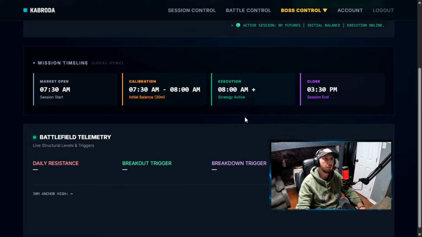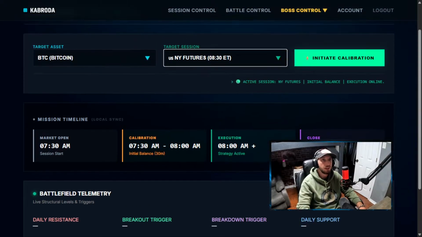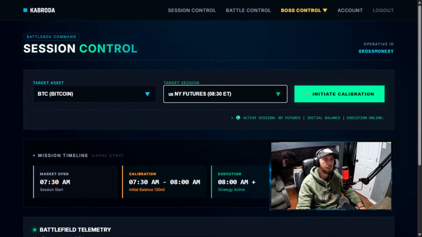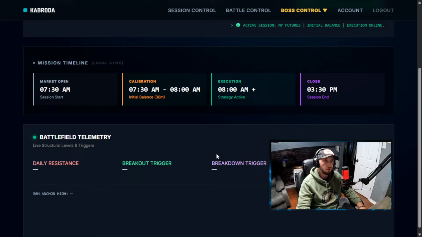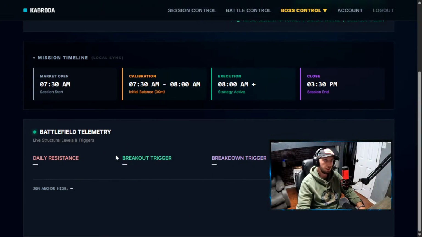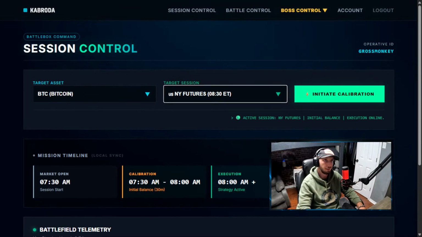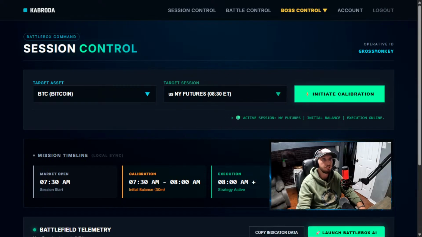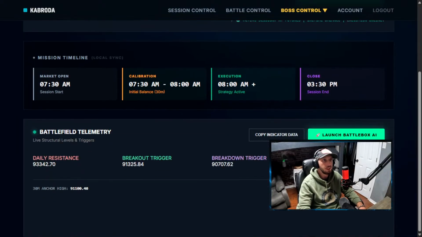And then 3 p.m. is the time when everything's pretty much happened, and that's about it for the day. Down here we got our different triggers, which will populate after we initiate our calibration. So once we got our asset and our session picked, we'll just hit initiate calibration, and it'll pop up with our daily resistance, breakout trigger, breakdown trigger, and daily support.